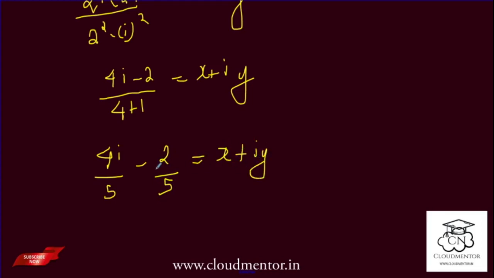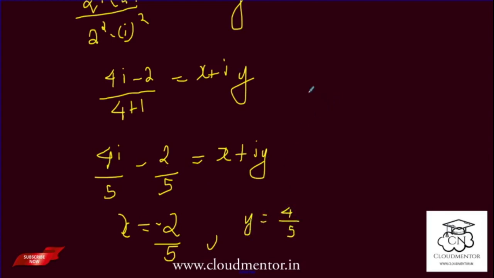So here equating the real and imaginary parts, the real part x will be minus 2 by 5, so x equals minus 2 by 5, and the imaginary part, that is y, is with the i, so y equals plus 4 by 5.